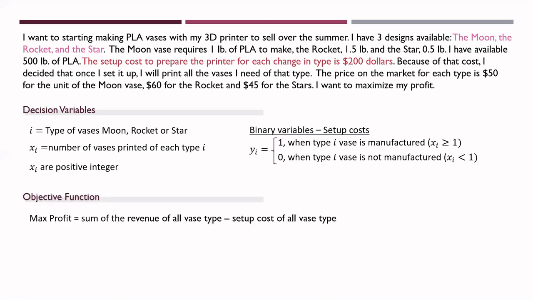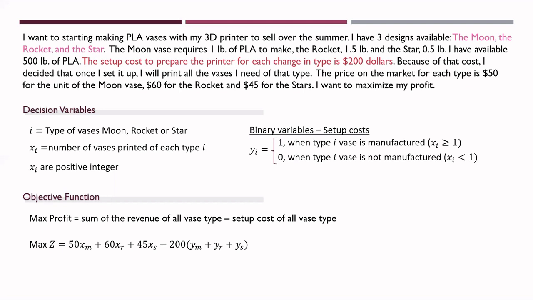With those two sets of variables, I can now write down my objective function. And as I stated, I want to maximize my profit. So maximizing my profit is the sum of all the revenues minus the sum of all the setup costs, because it's the only cost that I have.